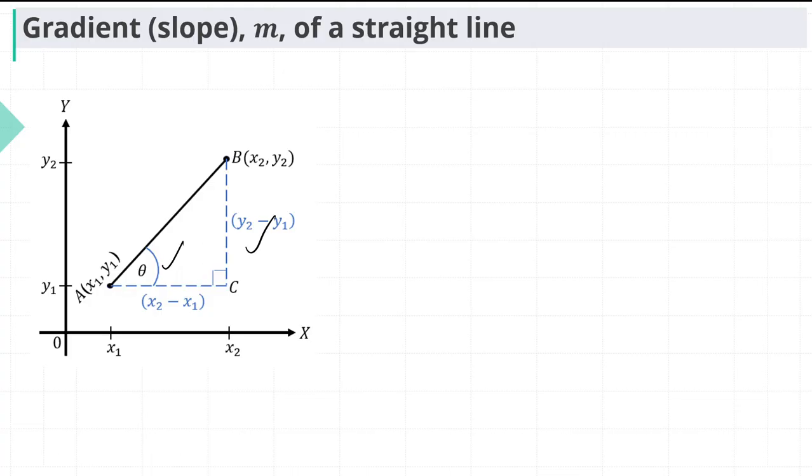Remember that in one of our meetings we mentioned that tan of the acute angle is equal to the opposite side divided by the adjacent side. We see in the figure that the side AC is adjacent to the angle theta, and so that's what we have in the denominator here.